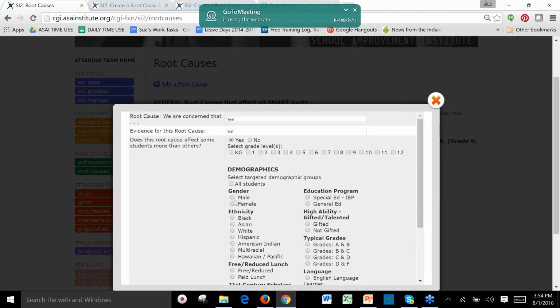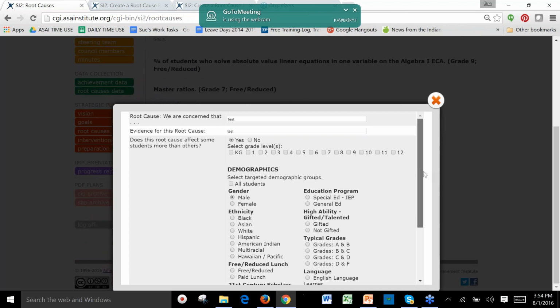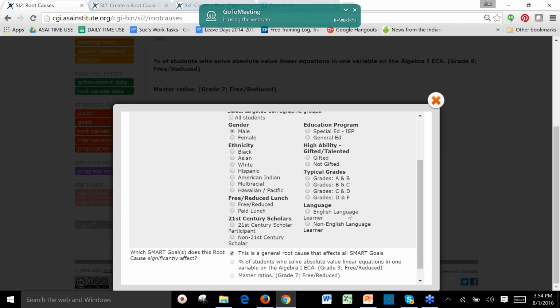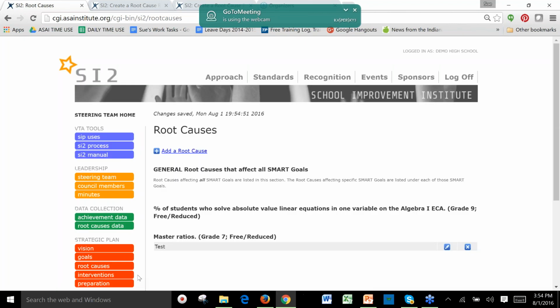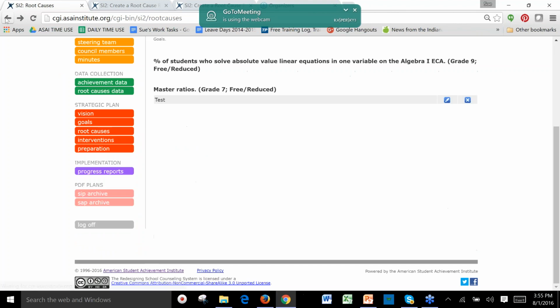Yes, let's just say males, master ratios, and save. Okay, and then here's the root cause, which I just named test. But whatever it was, it would be printed out there. Okay, so that's how to enter a root cause.